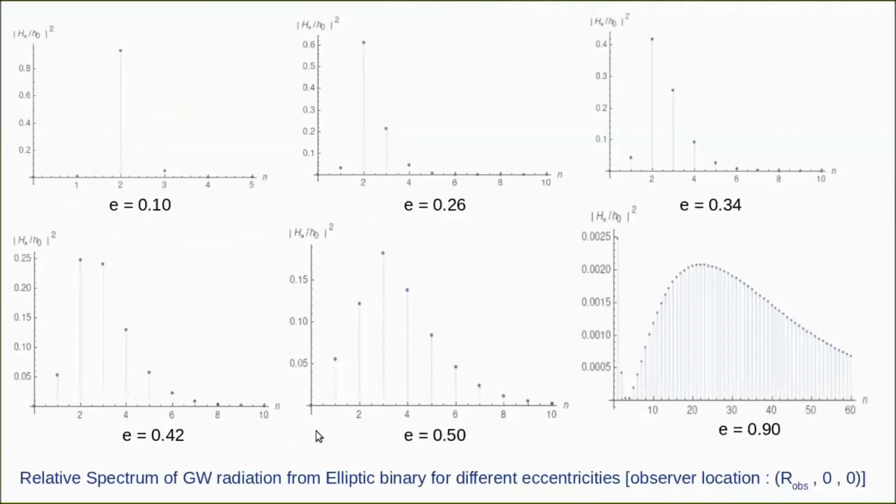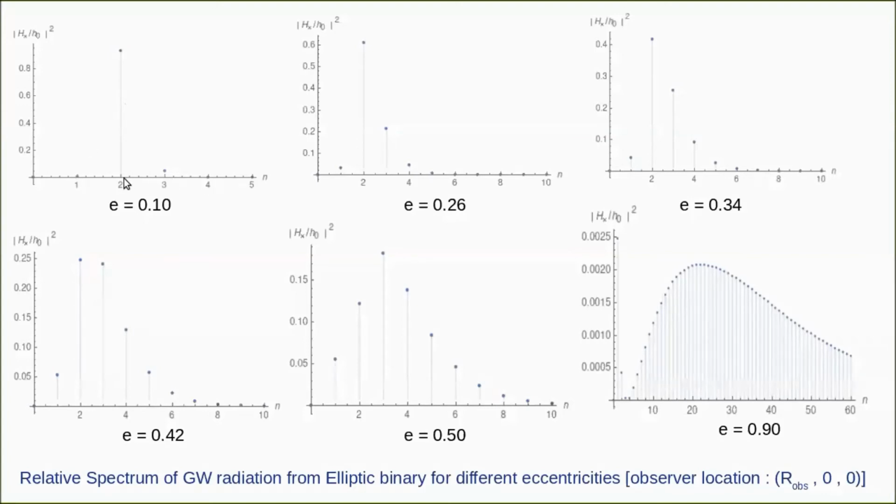Here is the interesting fact: when eccentricity is very low, that is, it is going to be circular, we see the h cross amplitude, plotted as normalized h cross over h naught against the Fourier components n. Here we see that the 2 omega t component is very high compared to other components.